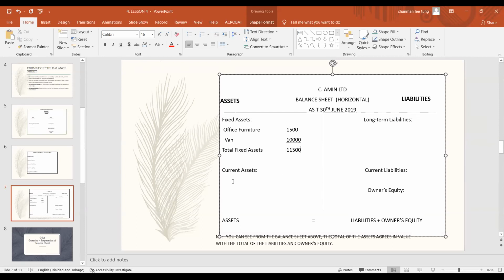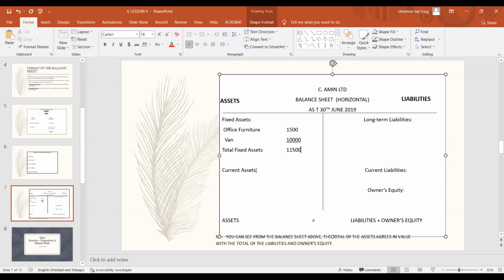So you see where we have taken our totals: from the accounting equation, we took our $1,500 for office furniture, the total for van, $10,000, and the total fixed assets, $11,500.